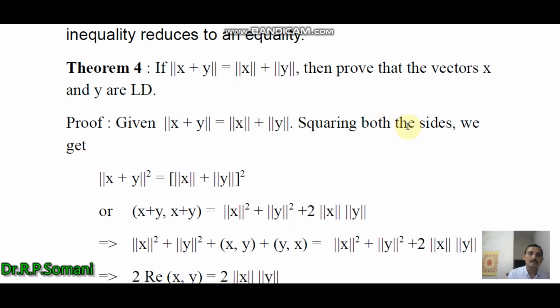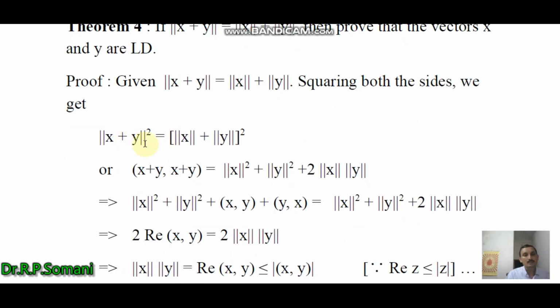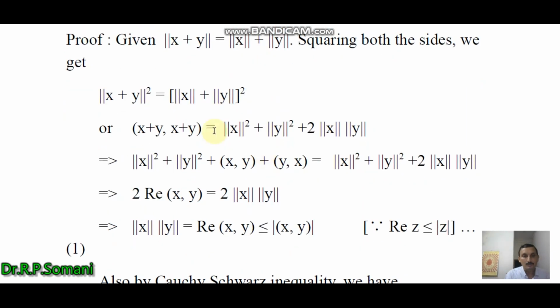Squaring both sides, we get norm x plus y square equals the bracket norm x plus norm y, squared. Applying the definition of norm, we can write the left side as the inner product of x plus y with x plus y, and the right side as norm x square plus norm y square plus 2 norm x times norm y.